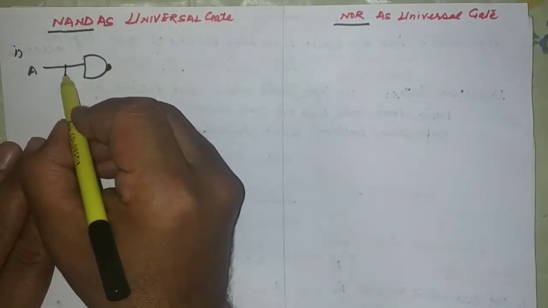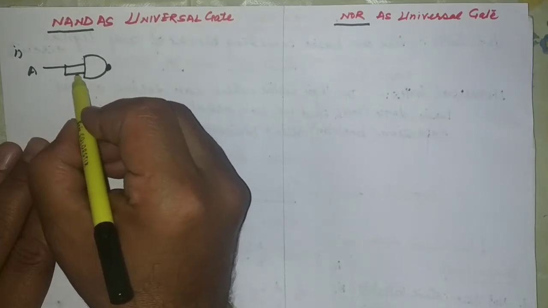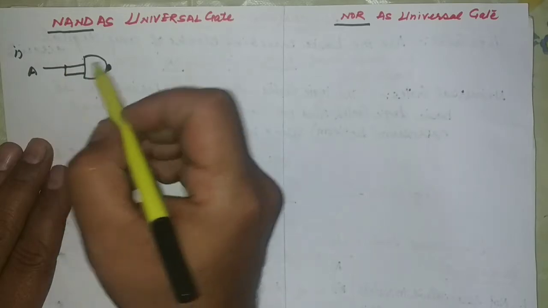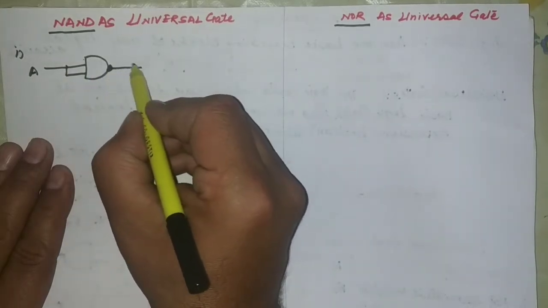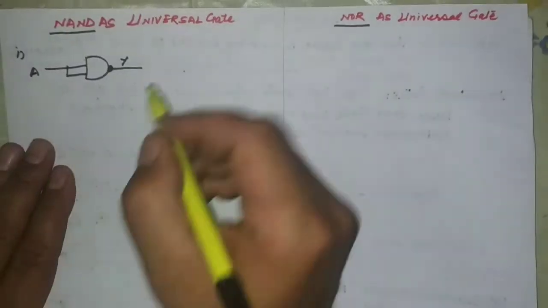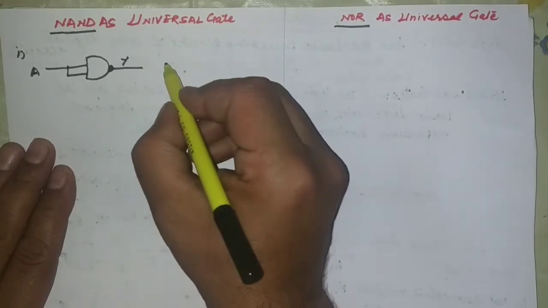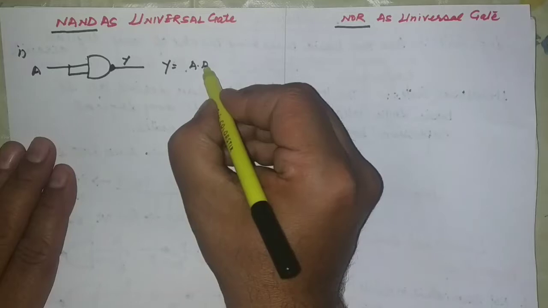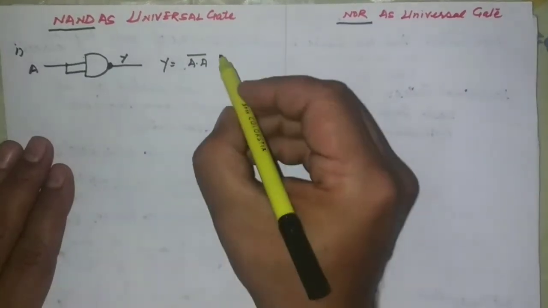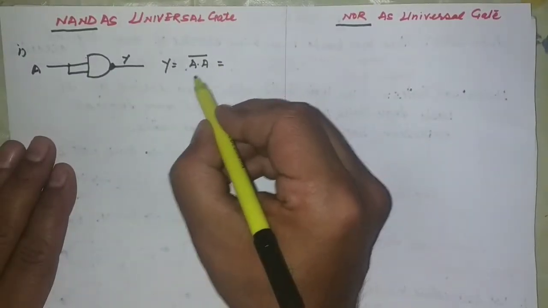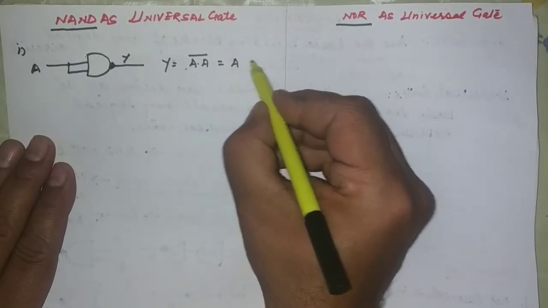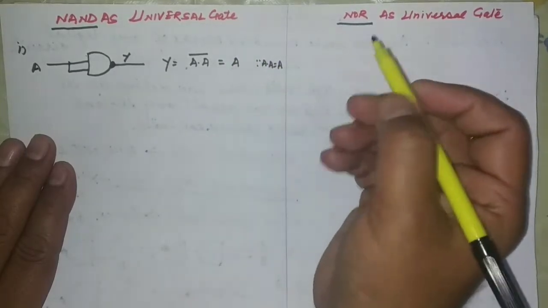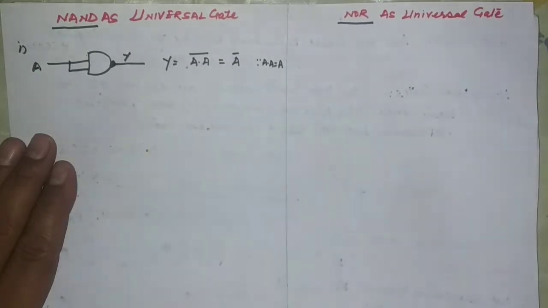and we are connecting these two inputs to form only one. This branching is taking place over here. So the output Y is equal to A into A complement, and we know that A into A is equal to A, and this is complement.